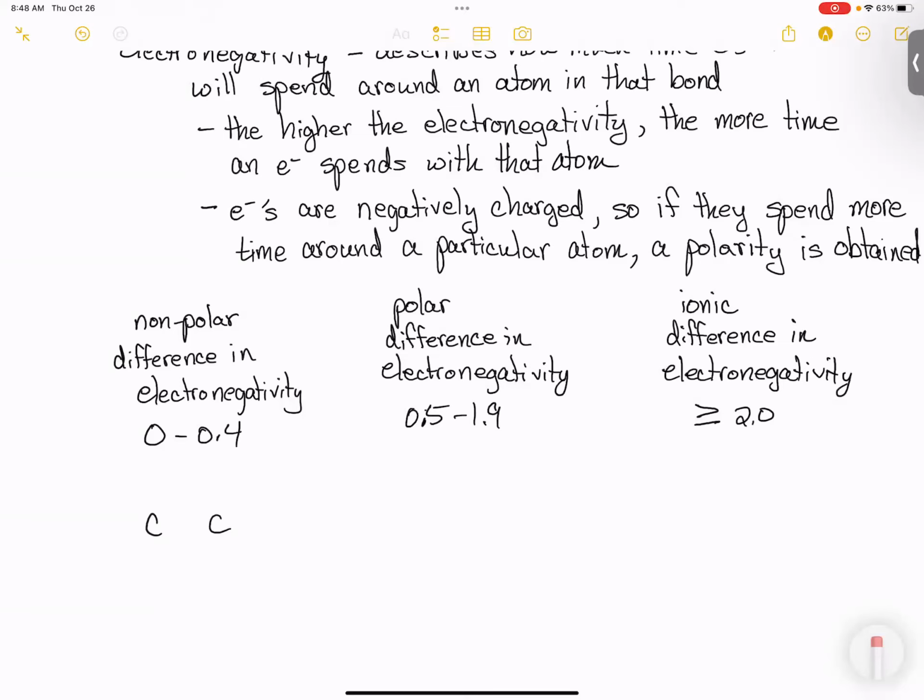If we look at its density diagram, where the density diagram describes how much time an electron is spending with a particular atom, what we see is that in this density diagram, it's relatively equal expenditures. No single carbon is going to get more time.